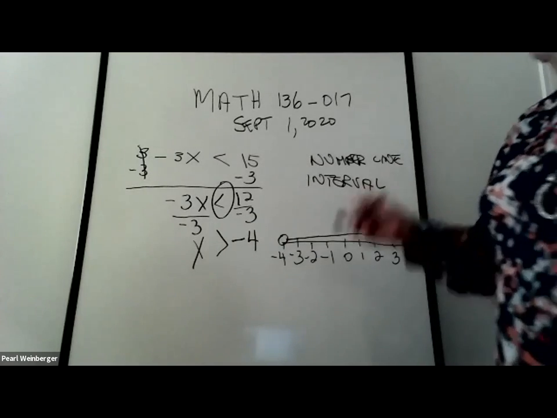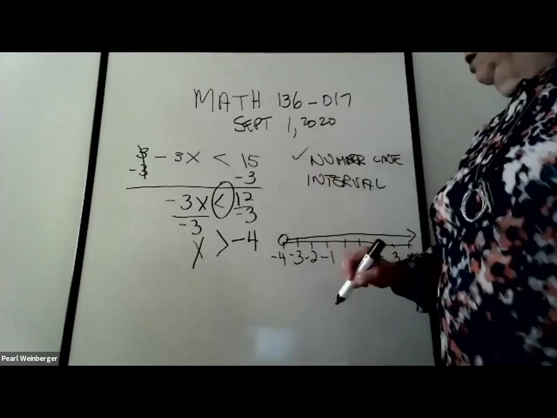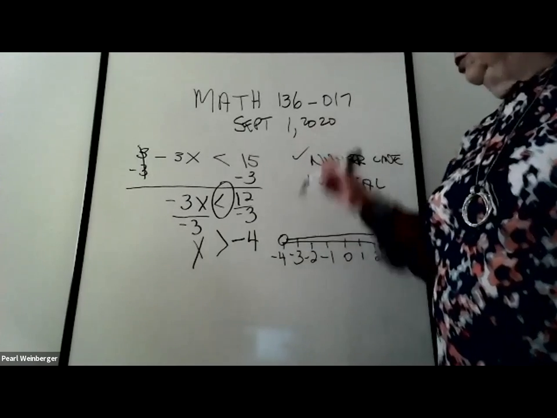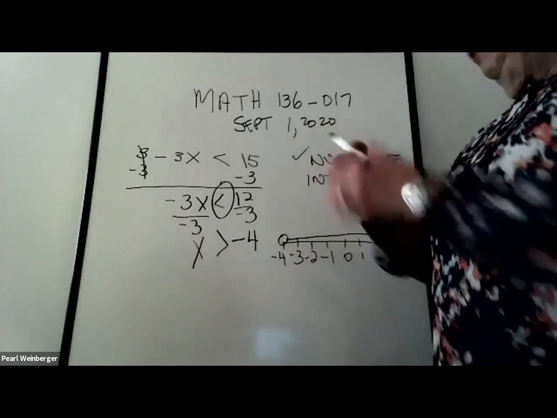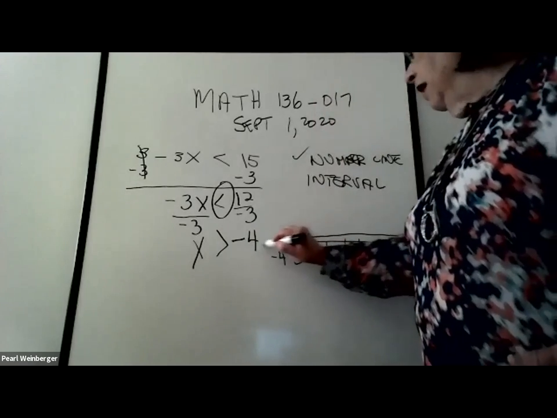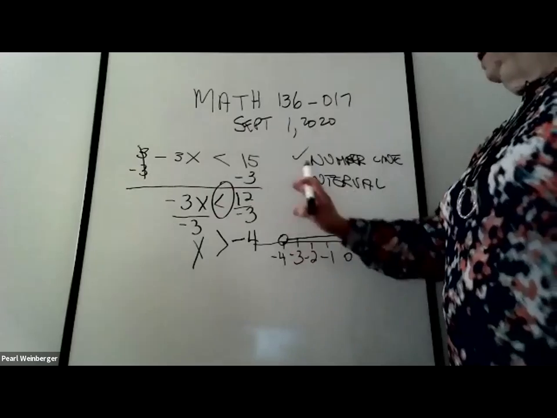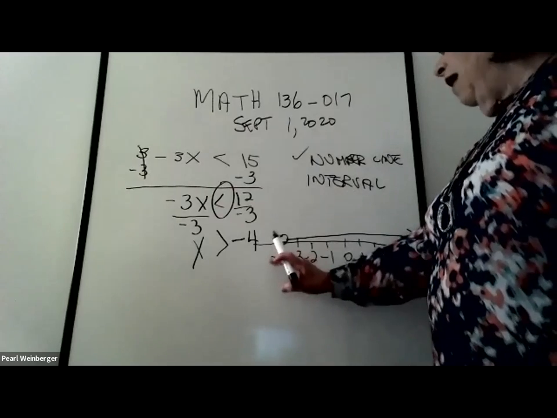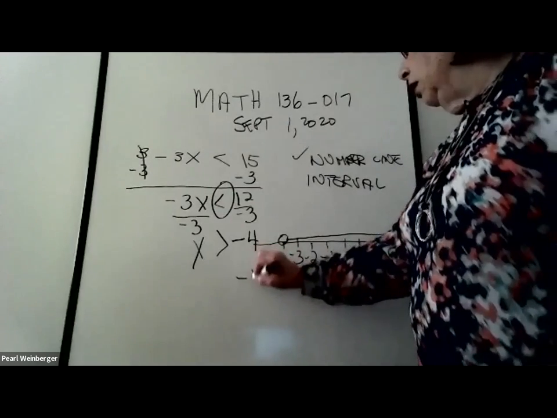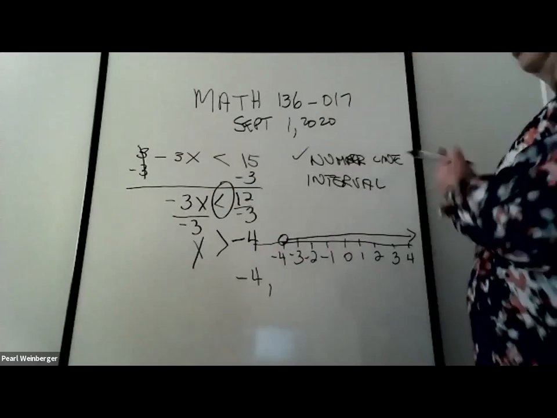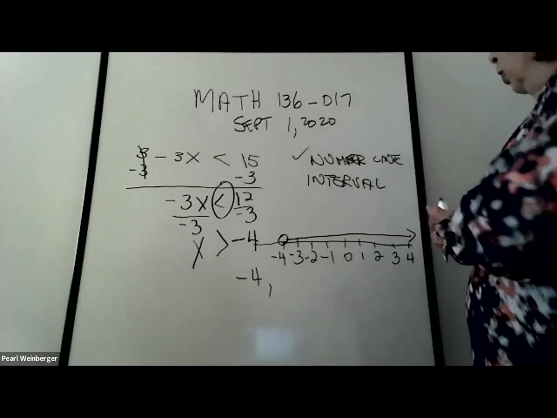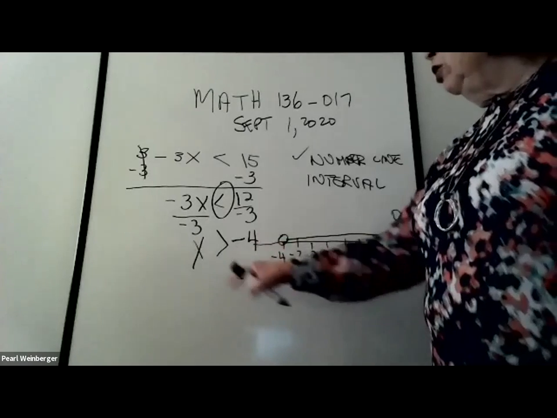In terms of interval, that was the number line. In terms of interval notation, remember we always start our intervals on the left side and work our way to the right. So the start of this interval on the left is negative 4. It's going on and on without any stop, so it's going on to what we call infinity. And then we have to enclose it in our parentheses.